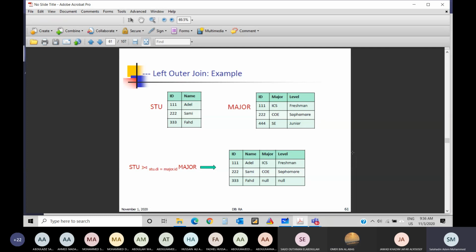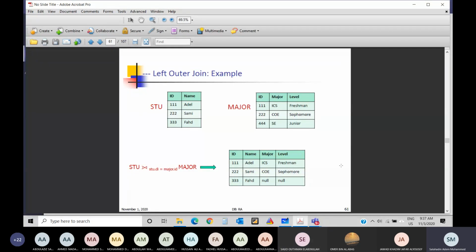Have a look at the output and ask me if you have any questions. Doctor, to conclude, the table on the left will show up in the result, but the one on the right will show up just for the join. Just those who match only. Yes, very good.